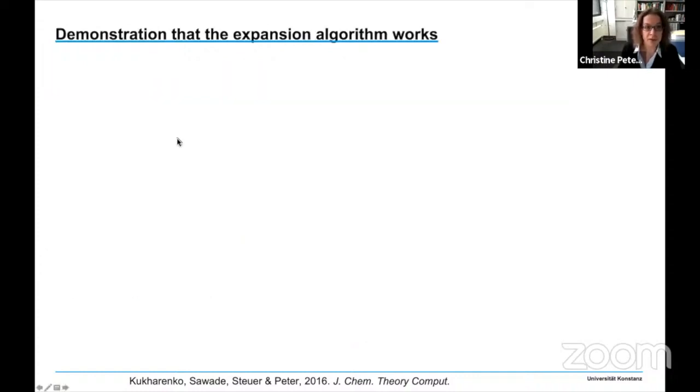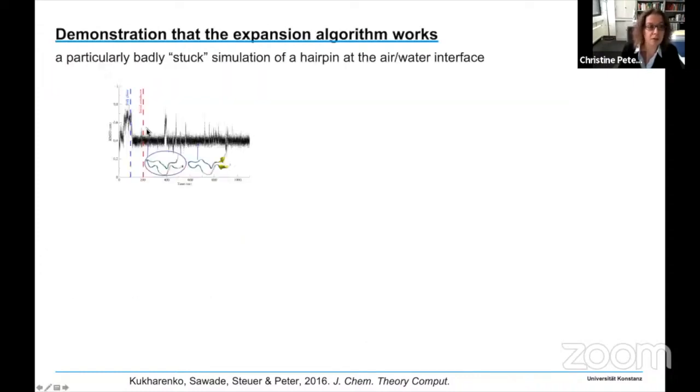To demonstrate that this expansion algorithm works, let me just give you one example of said peptide. So here you see a particularly badly stuck simulation of a hairpin conformation of that peptide, which is sitting at the air-water interface. While it is in bulk water, it's actually happily changing conformation. But once it moves to an interface, it gets stuck and locked in. And during the course of a further 1,000 nanoseconds, nothing happens essentially.